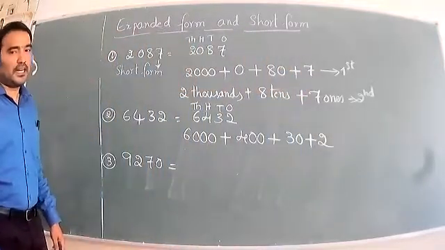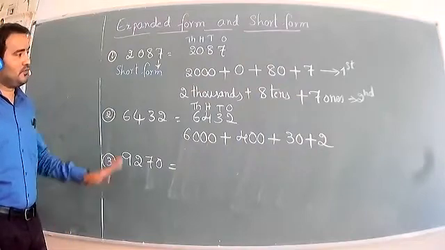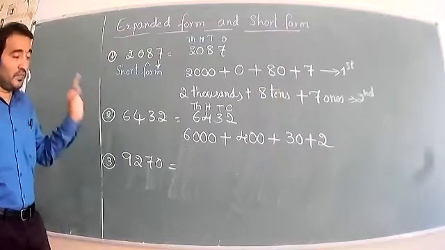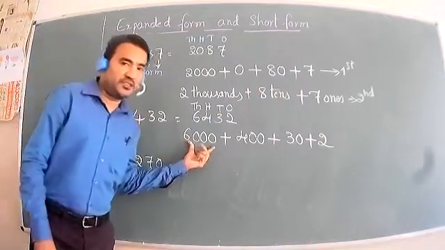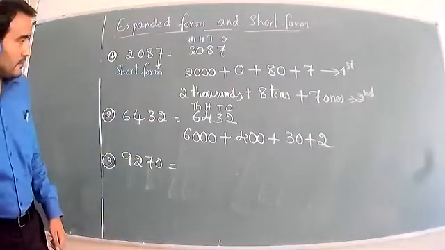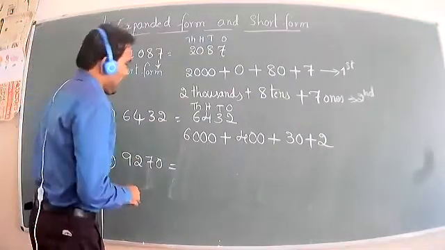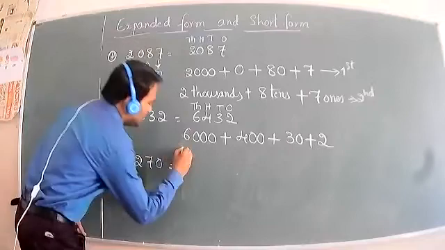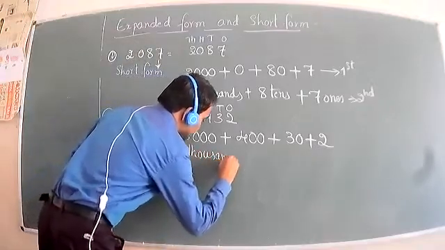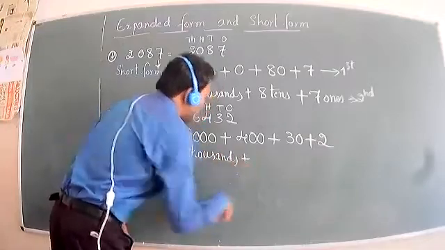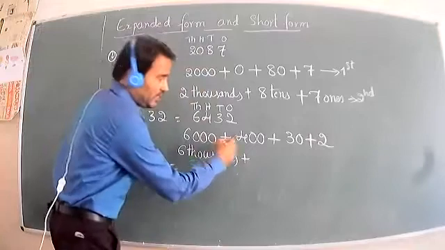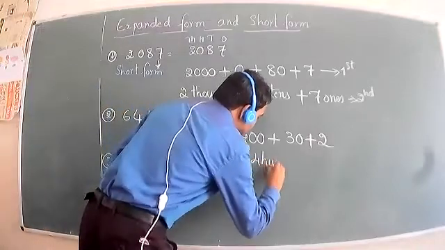I will read the second method also. Which method is easy and should be followed? I think the first method is very easy. Now the second way. How many thousands are there? 6 into 1000, 6000, plus how many hundreds? 400.